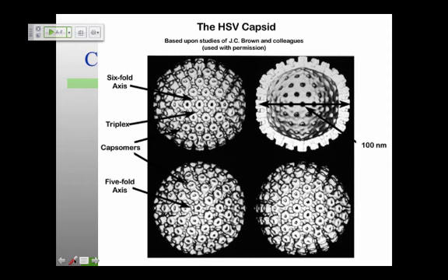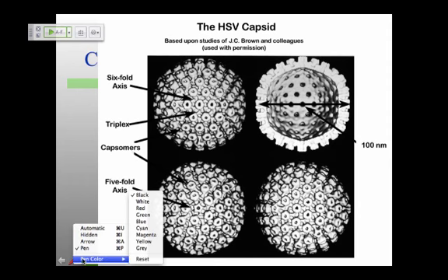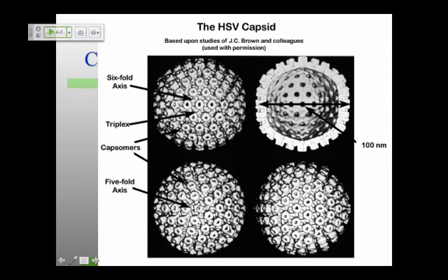So, anybody done their 960 divided by 60 yet? Okay, so what does that mean? What should we have? It's 16. So, how do you get your number to be 16? 4 from one 5-fold axis of symmetry right here to the next 5-fold axis of symmetry right here.